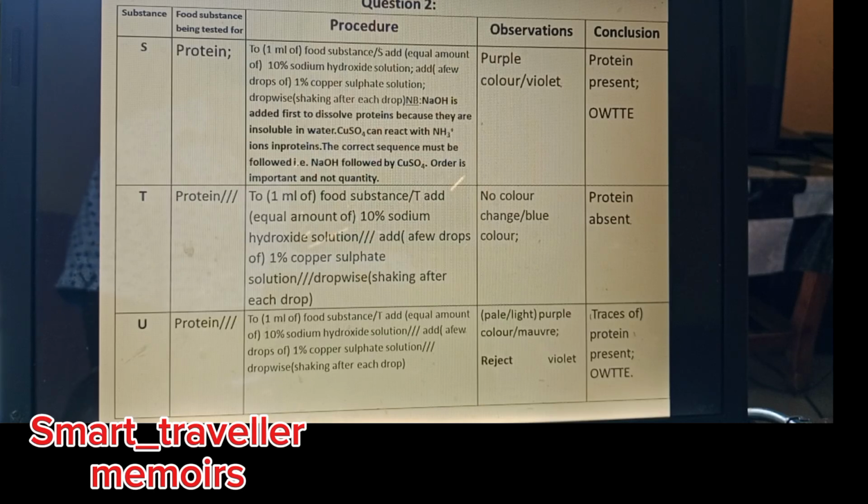Reject violet, because the conclusion was traces of protein present, or you can say protein present in small amounts. Why we are writing OWTTE, which means or words to that effect.